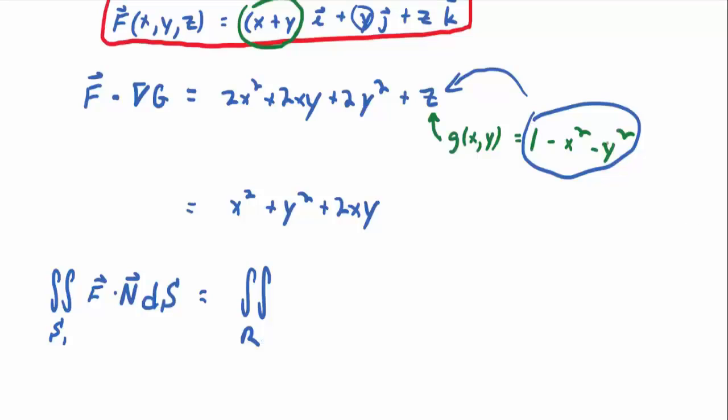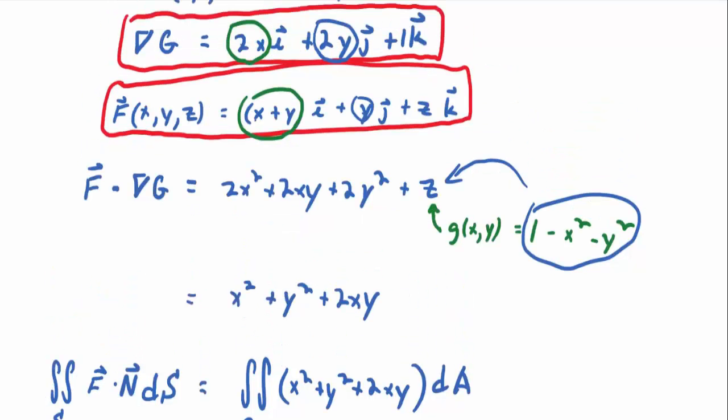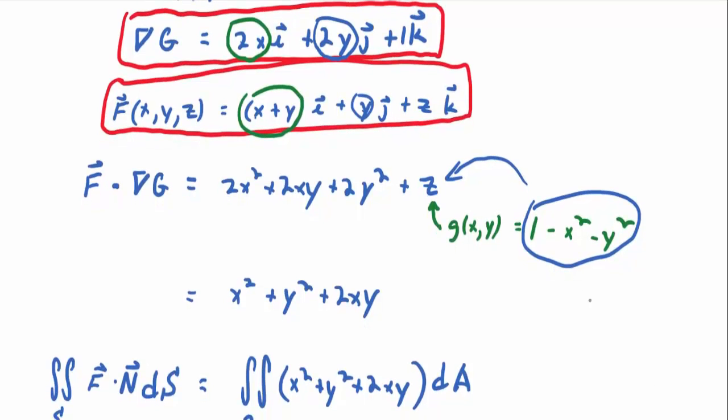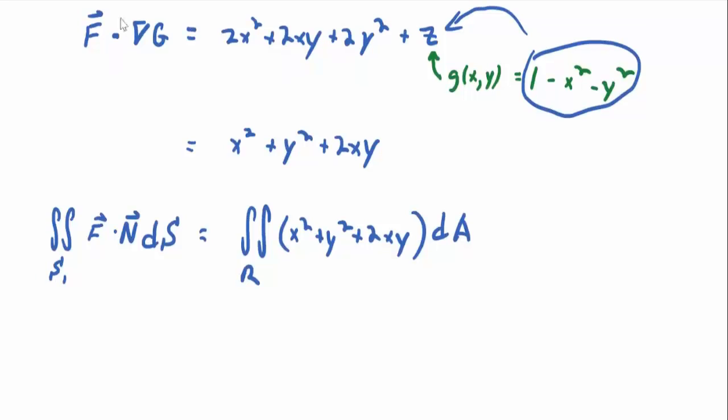R, and then the integrand is this guy, x squared plus y squared plus 2xy, and then dA. There's supposed to be a 1 at the end. Did I forget the 1? Yeah, I did, you're right. Sorry about that.